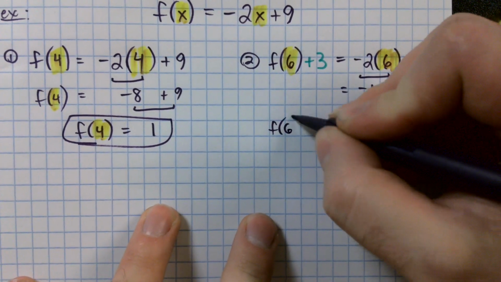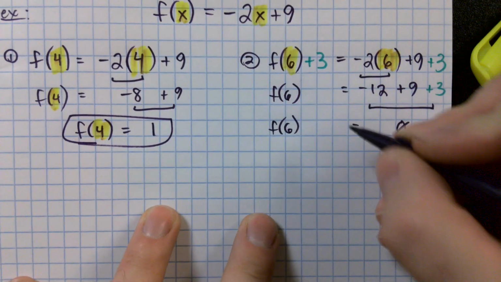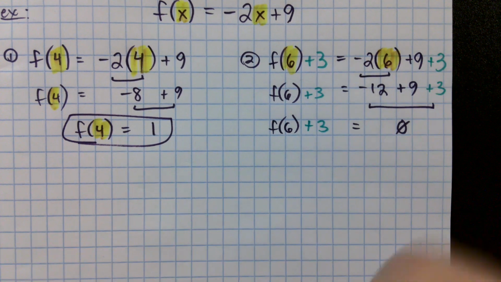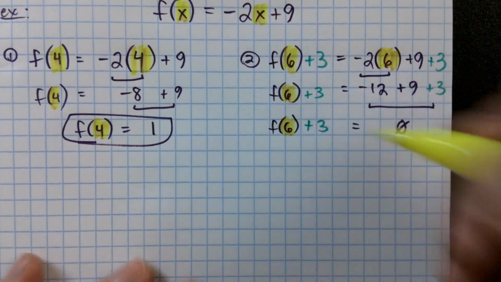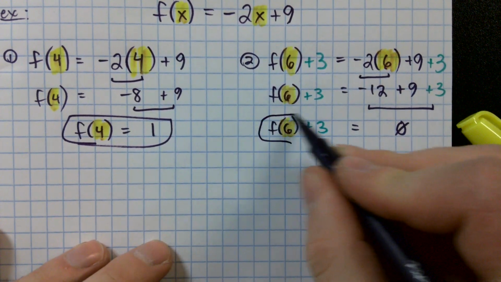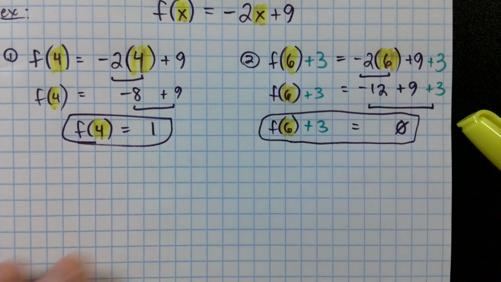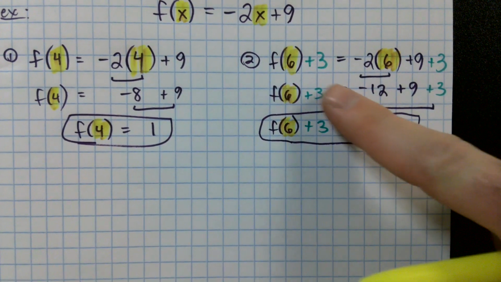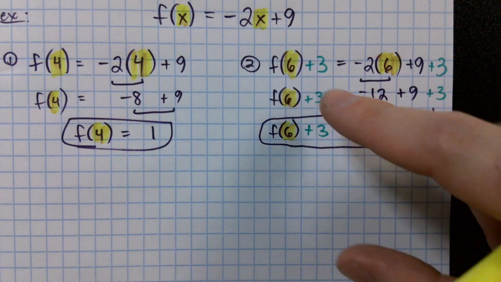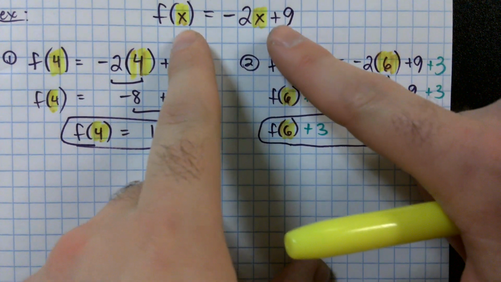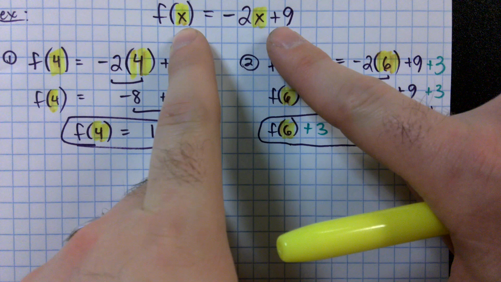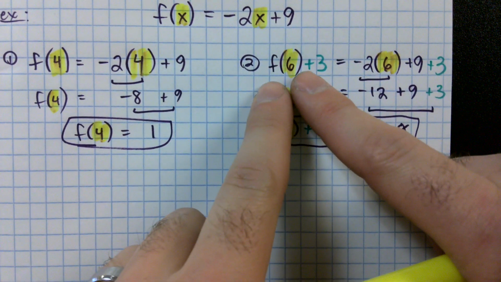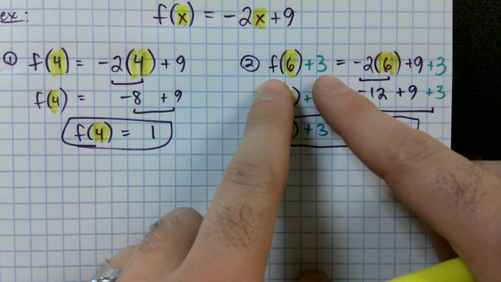So f of 6 plus 3 is going to be equal to, in this case, 0. Wait, can you explain that? Sure. If we're looking at the homework that we're about to look at, we're going to get a function like this, and it's going to say evaluate the function at f of 6 plus 3.